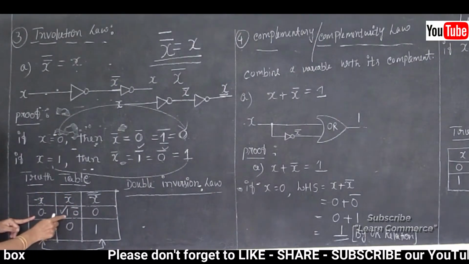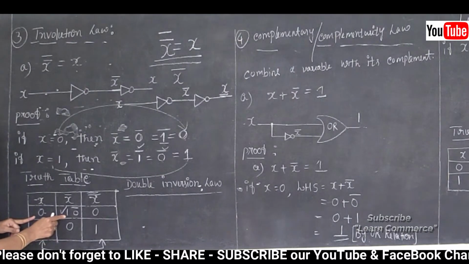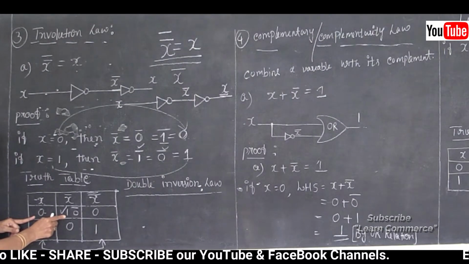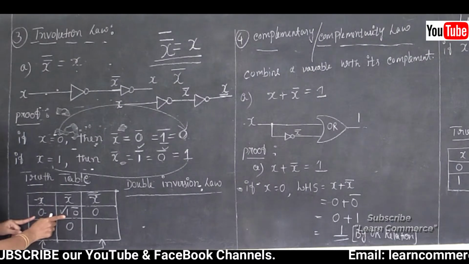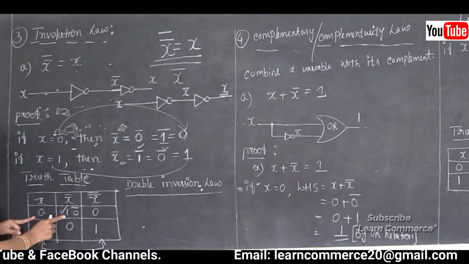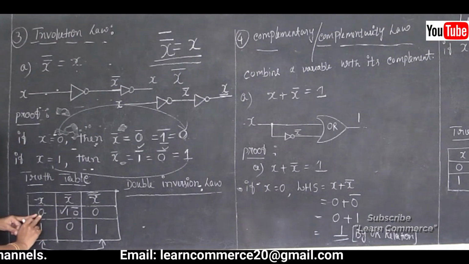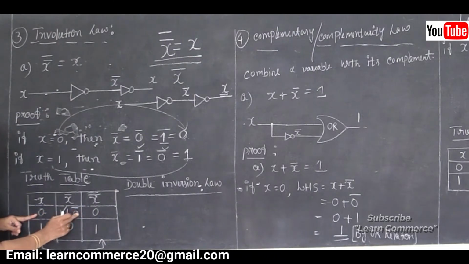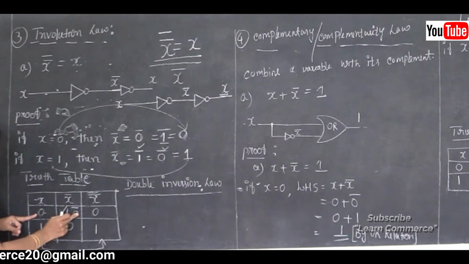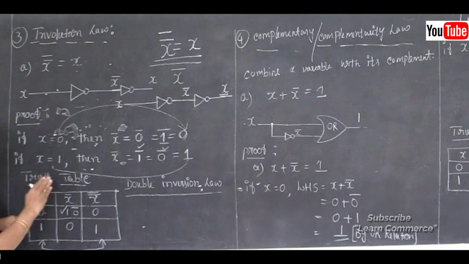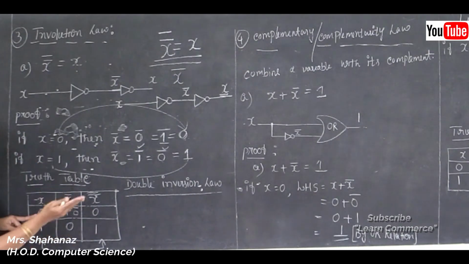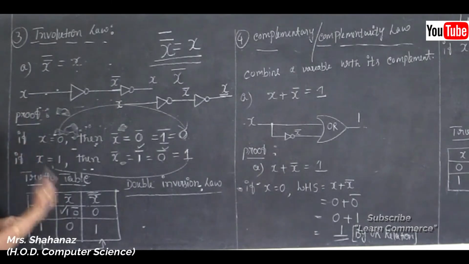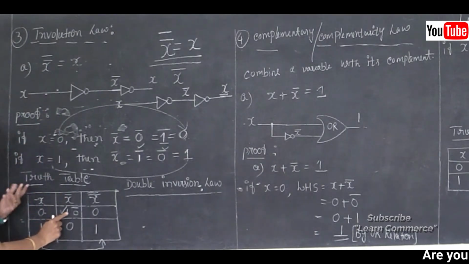So we need to take the value 1 for the complement of x. Clear this point? How I got the value 1 for the complement of x: x value is 0, I just used the complementation on the value 0. When you use the complementation of 0, you get not false, that is equal to 1. So the value 1 is equal to true.